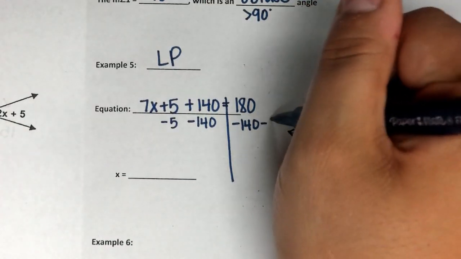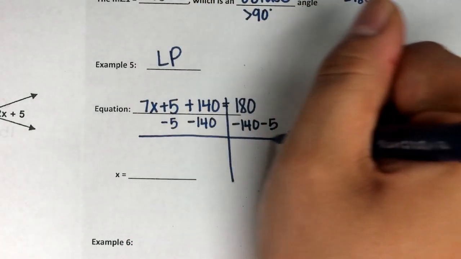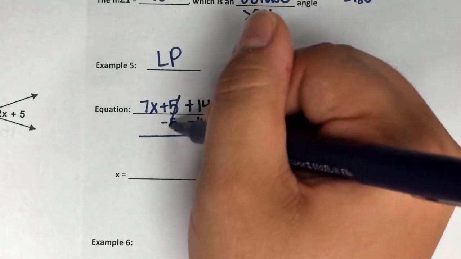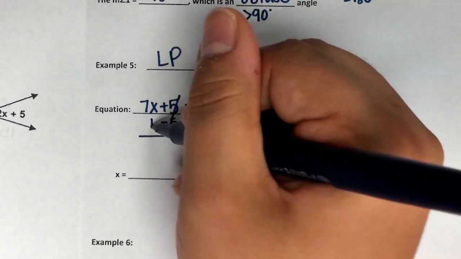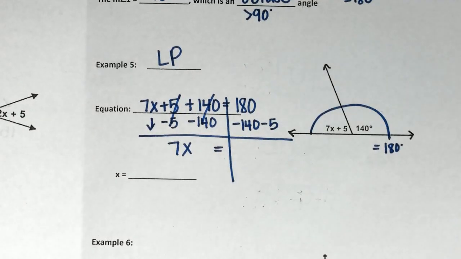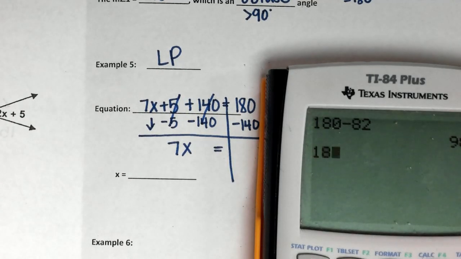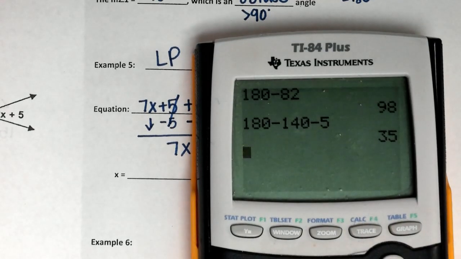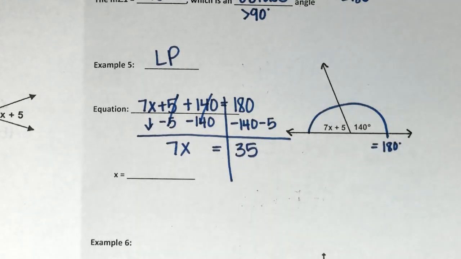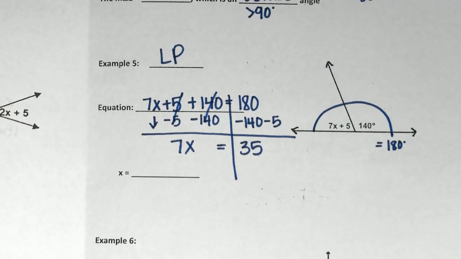I'm going to minus 5. That goes away and that goes away, and I'm left with 7x equals... What is 180 minus 140 minus 5? It is 35. So 7x equals 35.